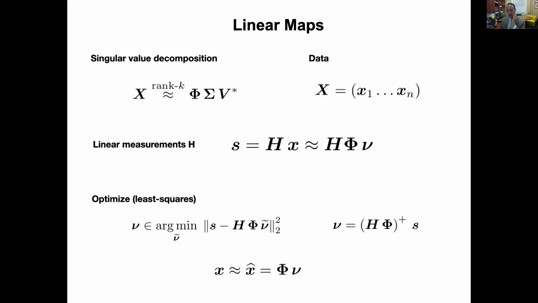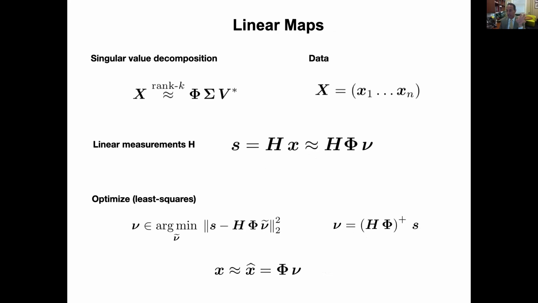So let's start simply, and let's talk about linear maps, because linear maps are kind of our generic starting point. So in a linear map, this is how you might formulate this. We're going to use the SVD here because the SVD has the low rank structure. We're going to take our data matrix X and do a rank K approximation of the data.